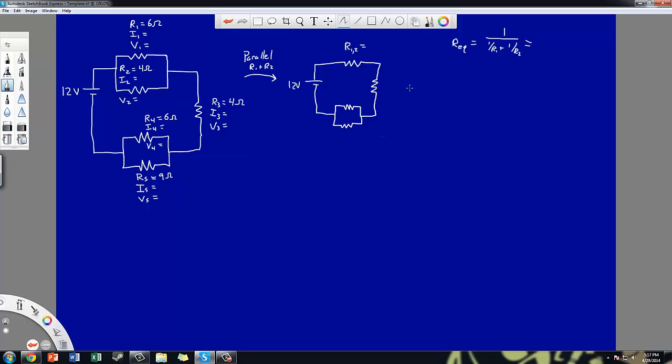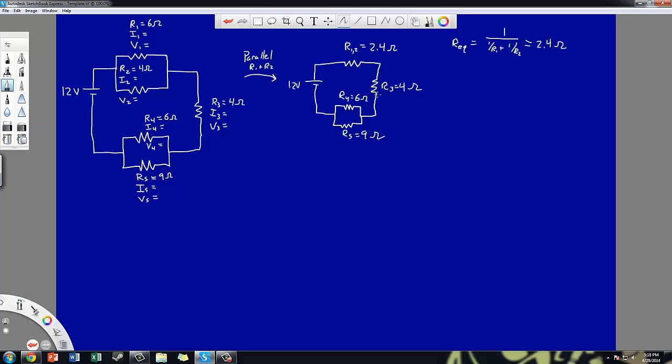In this case, I just do 1 over the quantity 1 over 6 plus 1 over 4, and when I do that, I get a resistance of 2.4 ohms. So I get 2.4 ohms for this combined resistor. R3 is still 4. R4 is still 6. And R5 down here is still 9.